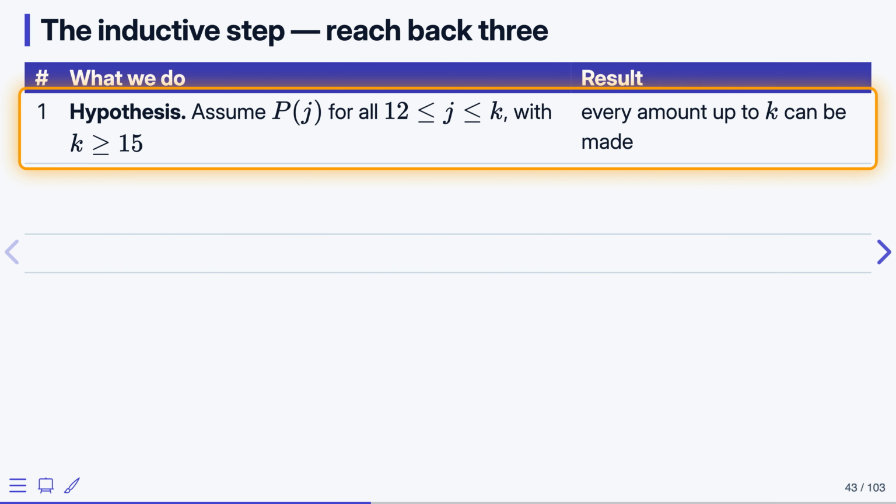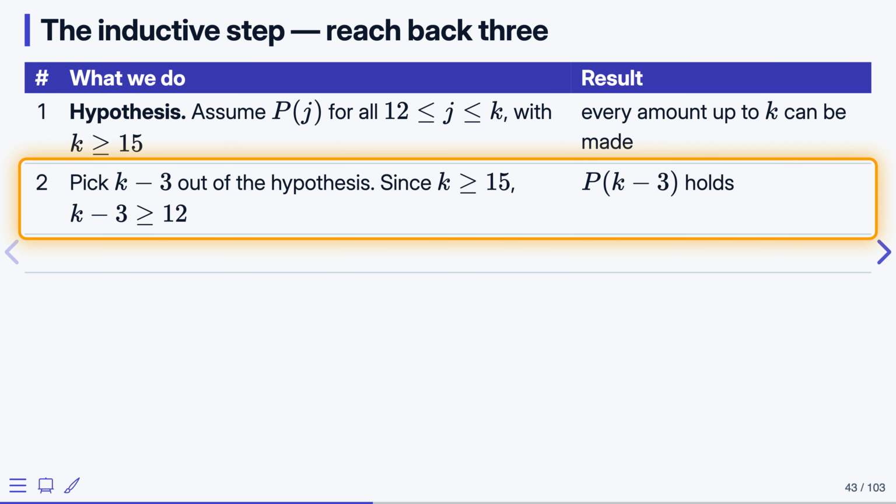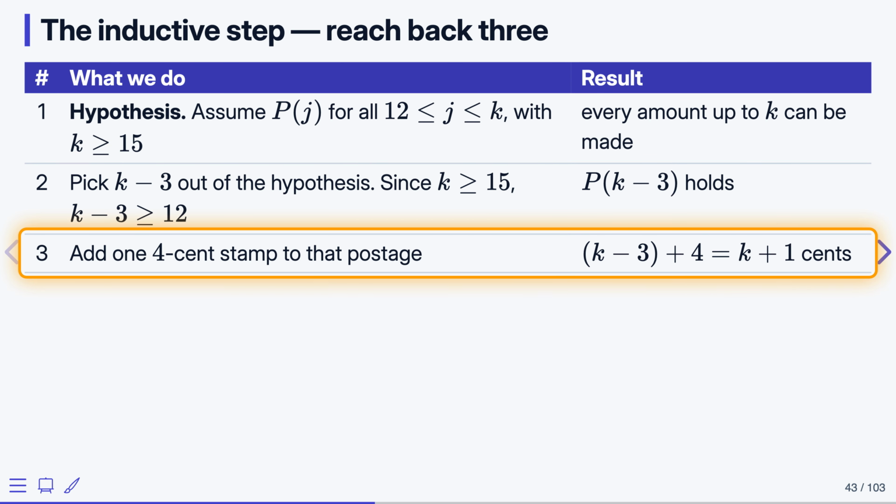Step 1. The hypothesis. Assume P(j) for every j from 12 up to k, where k is at least 15. Step 2. Now reach back 3 places. Look at k minus 3. Since k is at least 15, k minus 3 is at least 12, so that case is inside our hypothesis. We can make k minus 3 cents. Step 3.